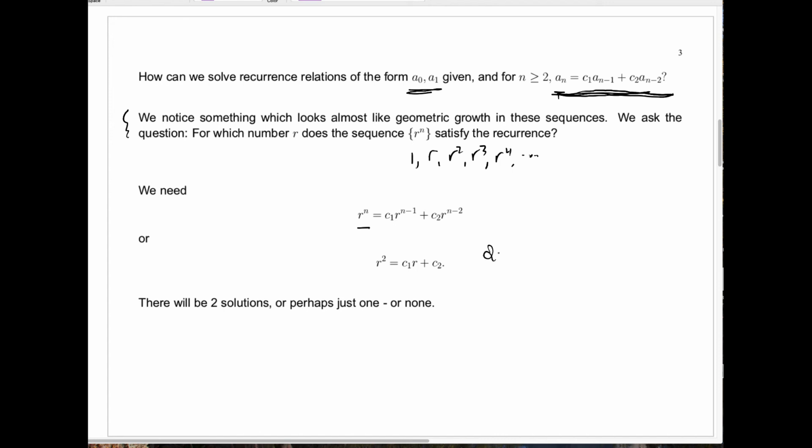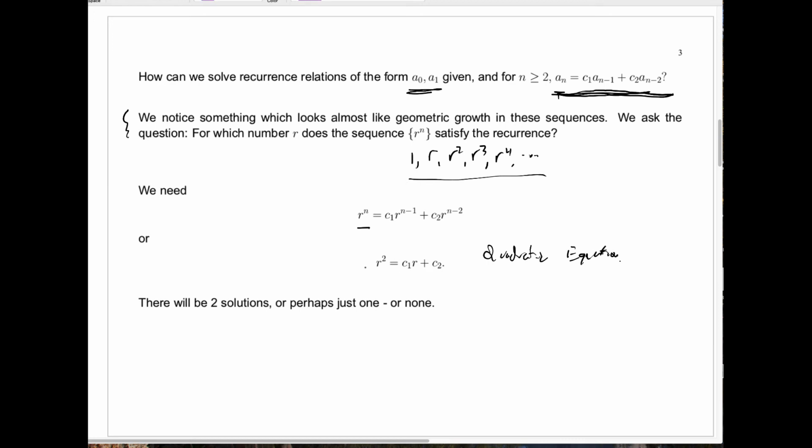This is a quadratic equation. And we know if we have a number which is a solution to this equation, then this sequence will in fact satisfy our recurrence relation by the work we just did here.